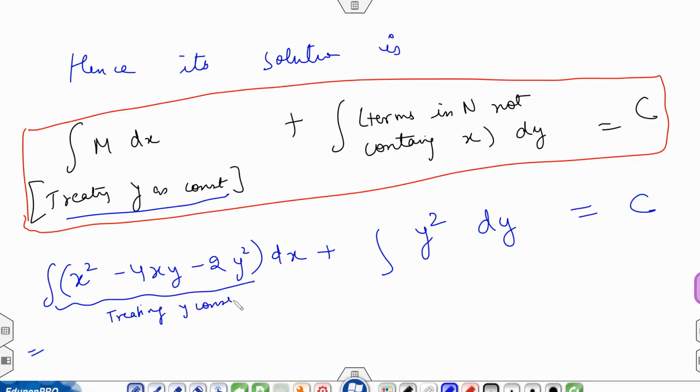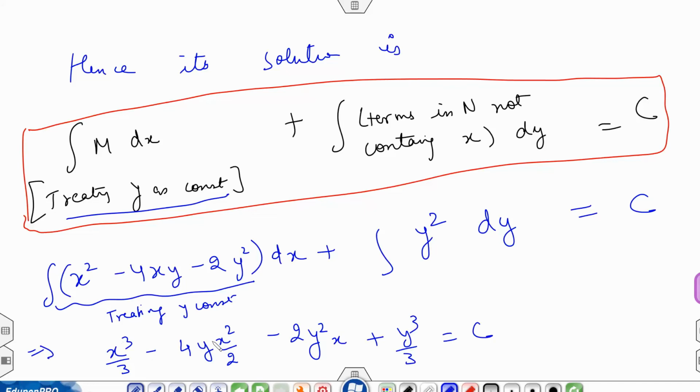So just integrate this keeping y constant. What will be the value? This implies x cubed by 3 minus 4y into x square by 2 minus 2y square x plus y cubed by 3 is equal to c. So this will be the solution.